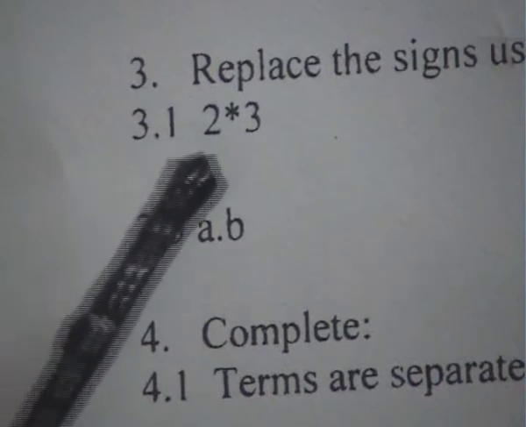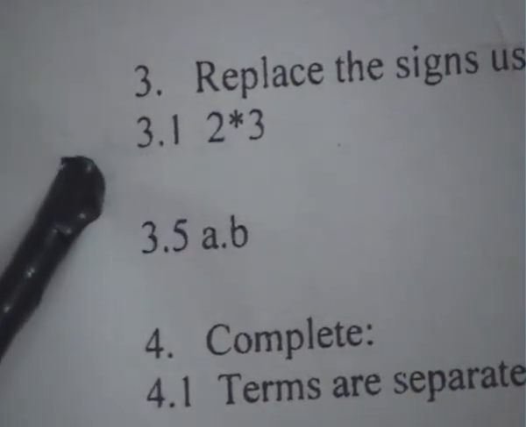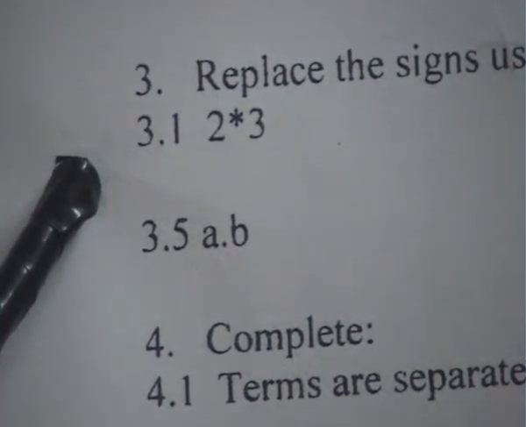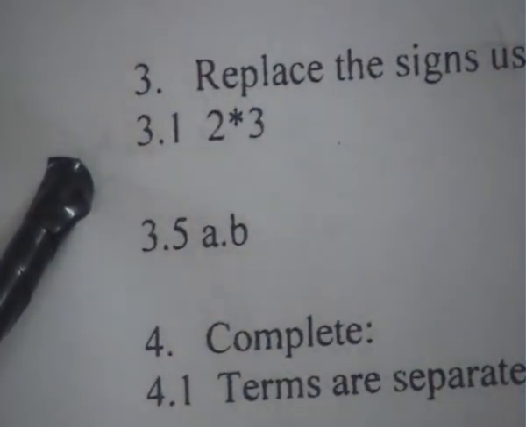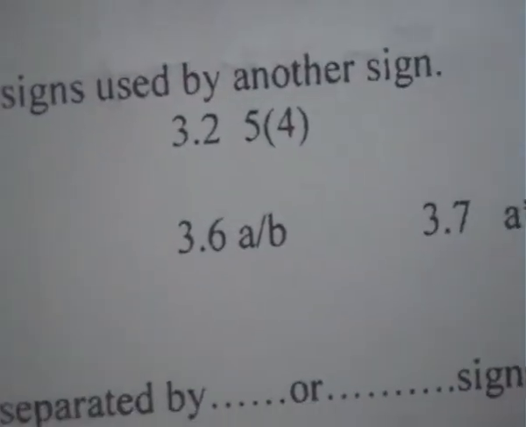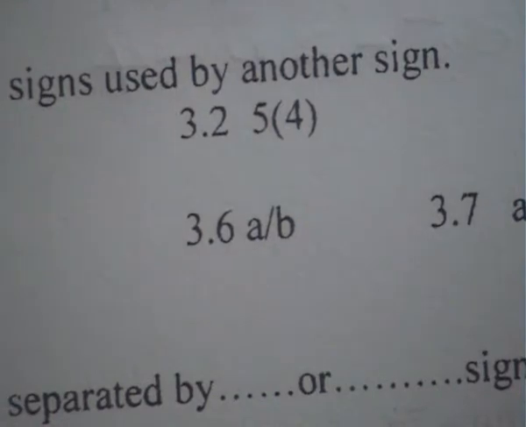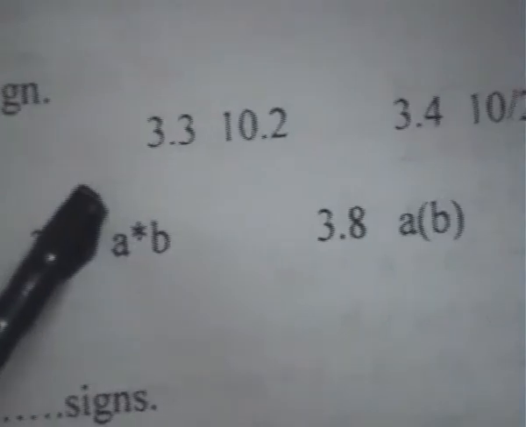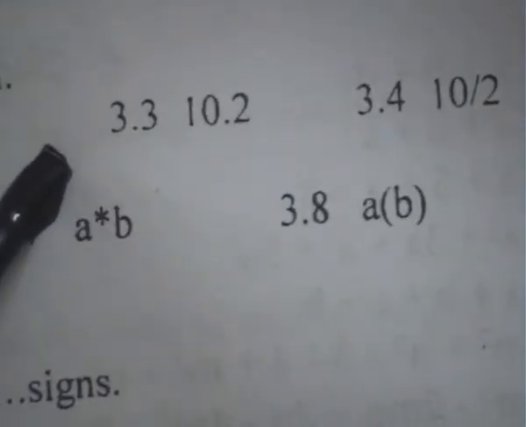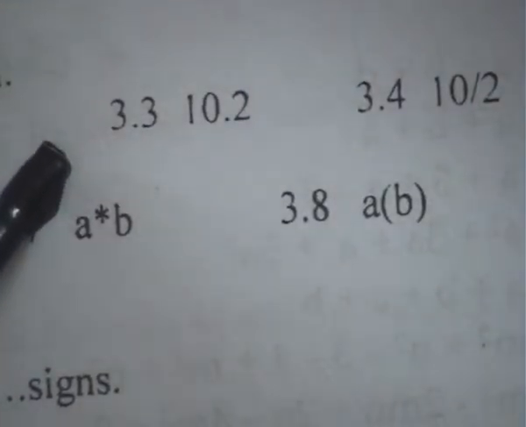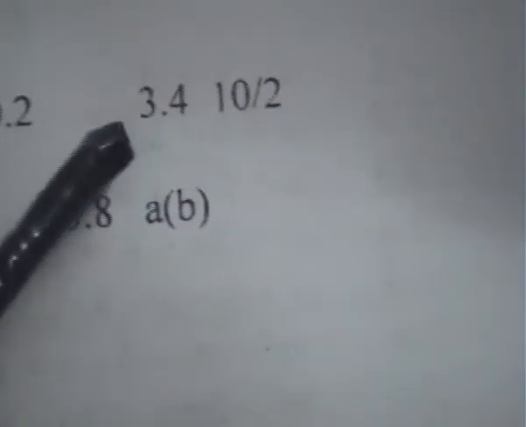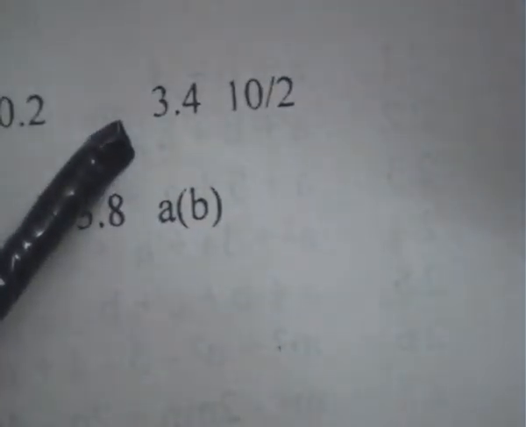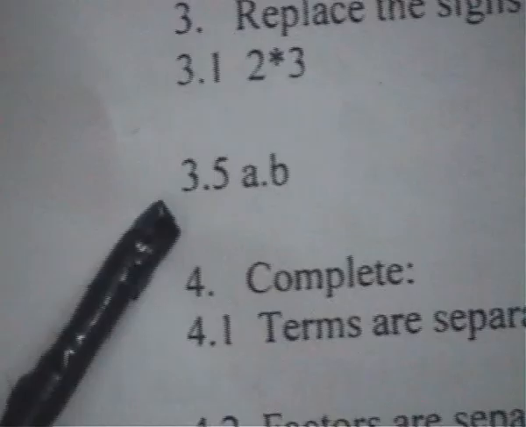Number 3, replace the sign used by another sign. 3.1, 2 asterisk 3. We move on to 3.2. Replace by using another sign, 5 bracket 4. 3.3, 10.2. 3.4, 10/2.